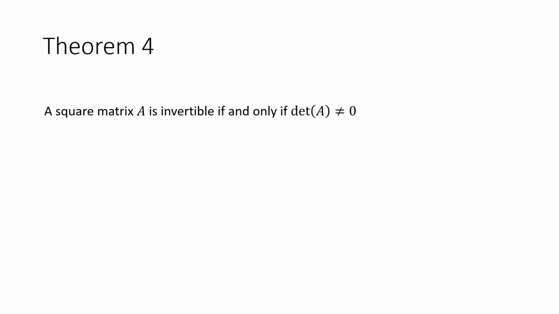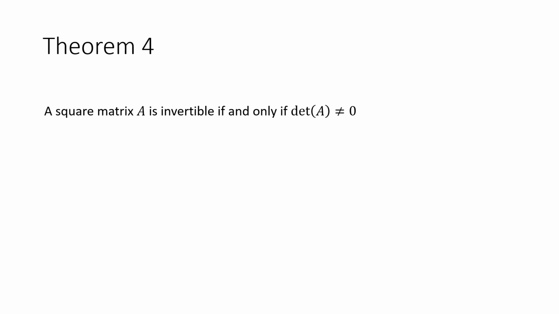If the columns are linearly independent, then that means we have a pivot entry in every column. In other words, that means that there is no zeros along the diagonal. What does that mean for determinants? Well, the determinant is the product of all those entries. That means the determinant is non-zero.